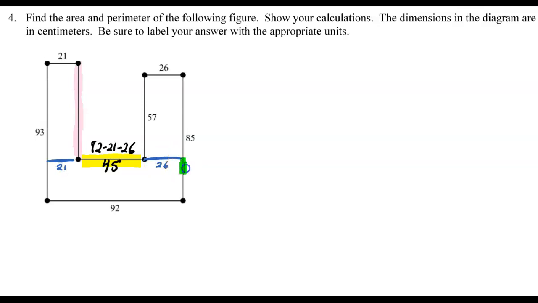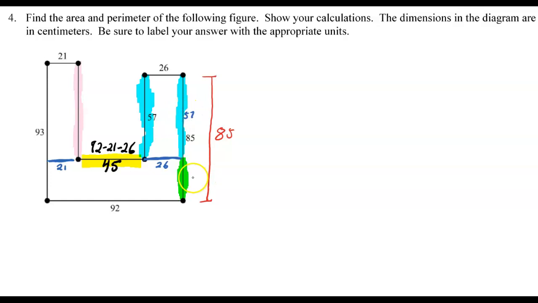And I want to find this green piece that I just highlighted. Now on the right hand side, I know the whole thing all the way down is 85. And now I'm going to grab this blue color here. This blue piece is 57, which on the other side makes this blue piece 57.